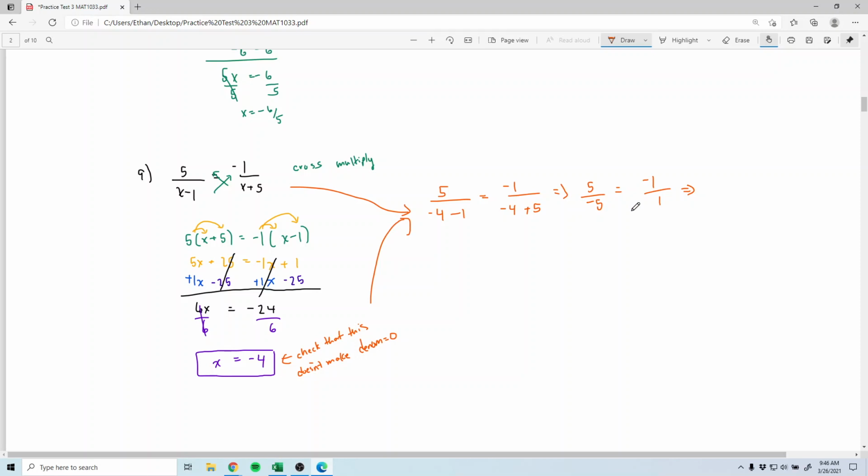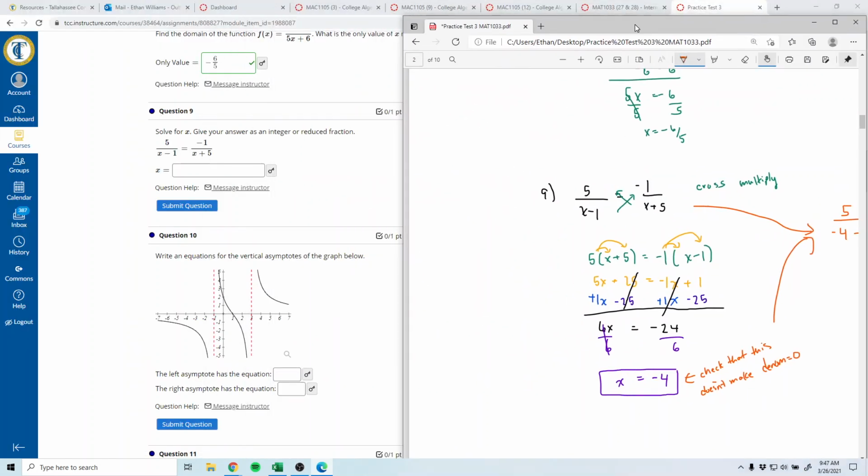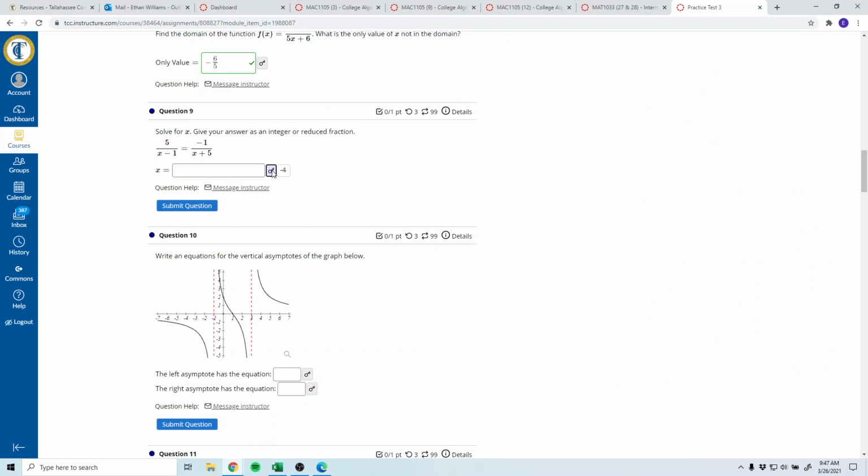Now, as soon as you see that the denominators do not equal 0, you're fine. You don't have to go any further. But if you want to just simplify and super make sure, you can. 5 over negative 5 is negative 1 equals negative 1 over 1 is also negative 1. But it does, in fact, work out. I can still check the answer here, so you can see that negative 4 is, in fact, our answer.